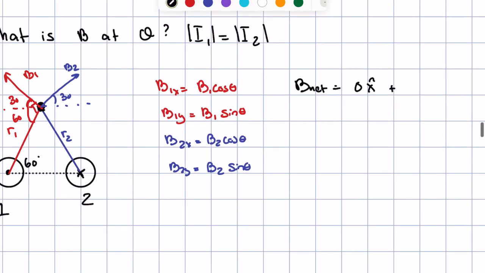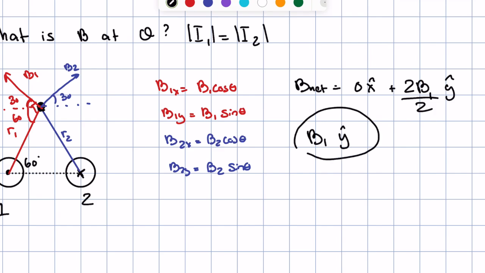So it's going to be 2 times, say, B1 sine theta, where sine of 30 is just equal to 1/2. So then it's just this divided by that in the y-hat direction. So the net magnetic field is B1 pointing straight up. What is B1?